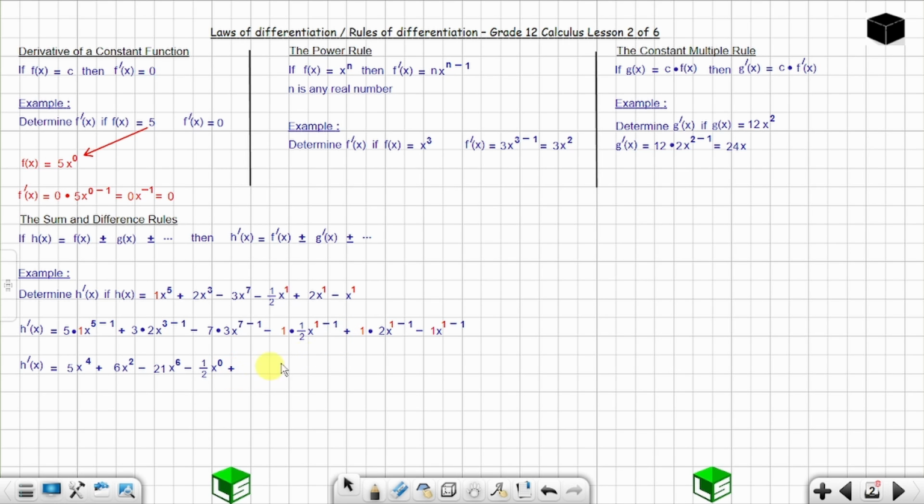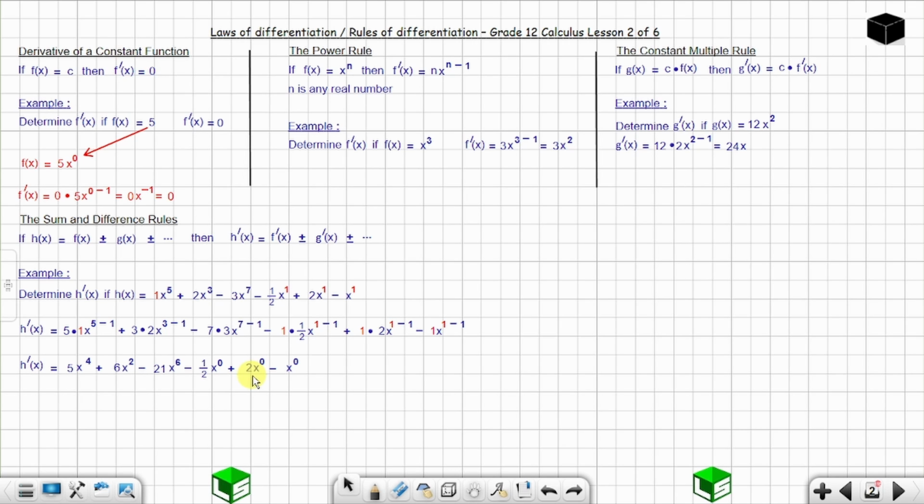Plus 1 times 2, it's 2, x to the power of 1 minus 1, it's 0. Minus, you have 1 times x, which is x, and then x to the power of 0. So you don't have to be showing all this if you are comfortable with time. I'm doing this for you to understand where this is coming from.